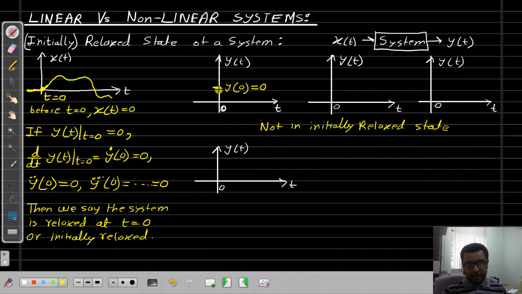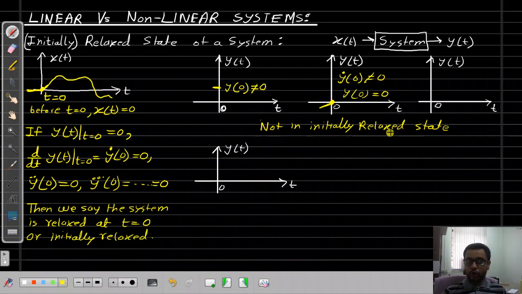Similarly, suppose the output is 0 at this moment, however the derivative of the output is increasing. So in this case y dot 0 is not 0, although y of 0 is equal to 0.